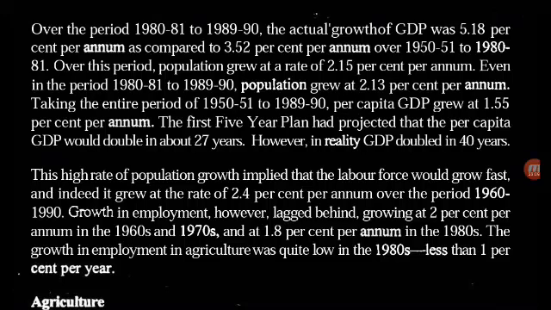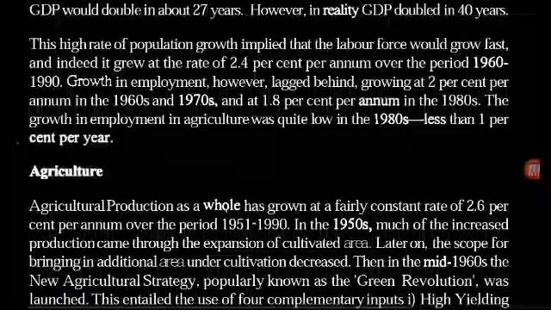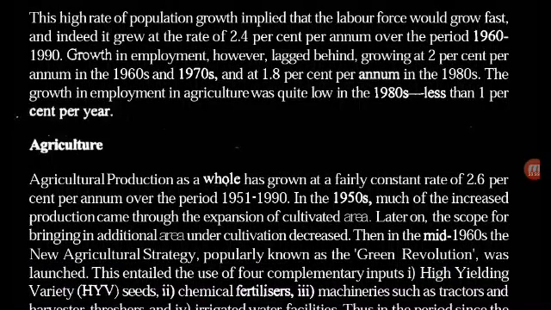The first 5-year plan had projected that the per capita GDP would double in about 27 years. However, in reality, it doubled in 40 years. This high rate of population growth implied that the labor force would grow fast, and indeed it grew at the rate of 2.4% per annum over the period 1960 to 90.